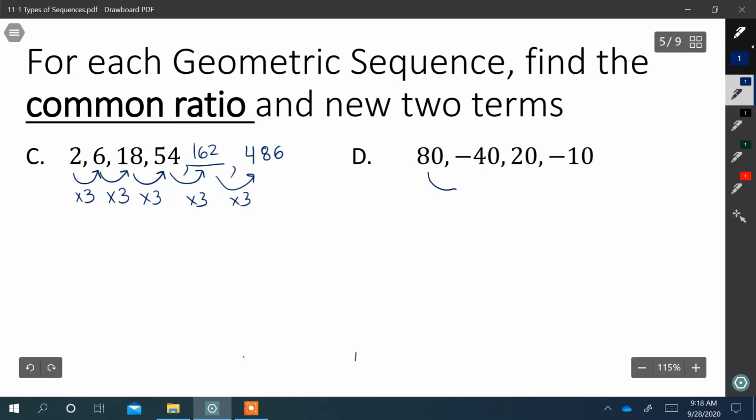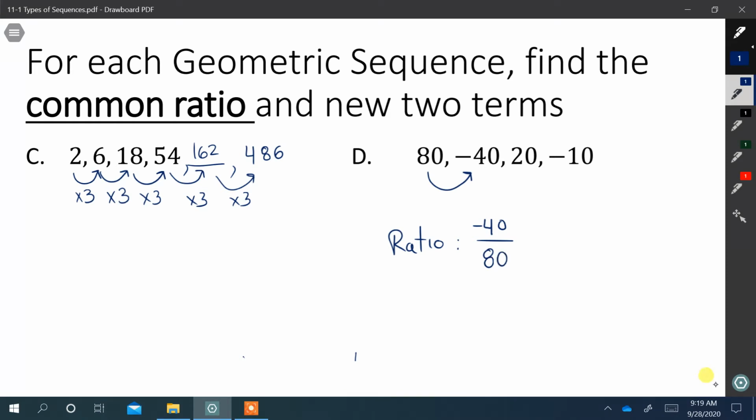Now, can we tell what's happening in here? How do we find the common difference, guys? Well, it's not that, I'm sorry, not common difference, common ratio. How do we find the common ratio? You can usually take the second number, -40, and divide it by the first number.